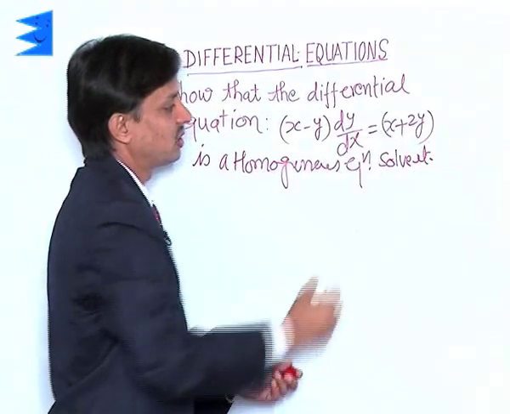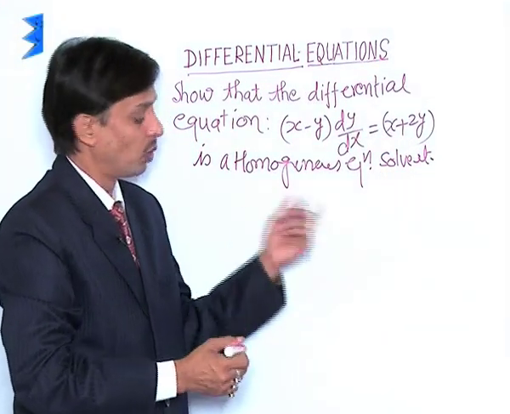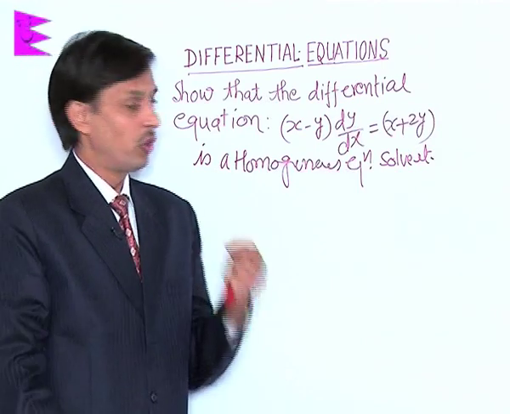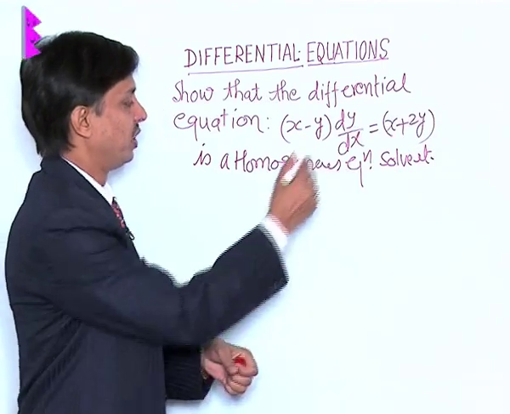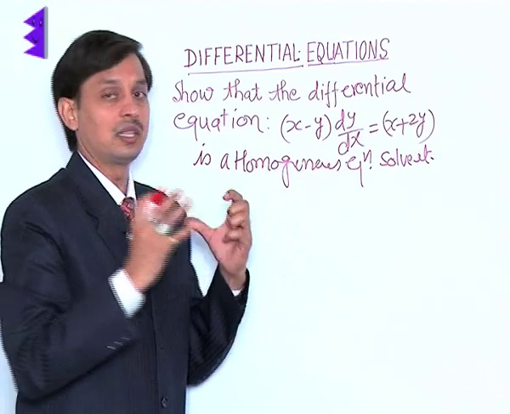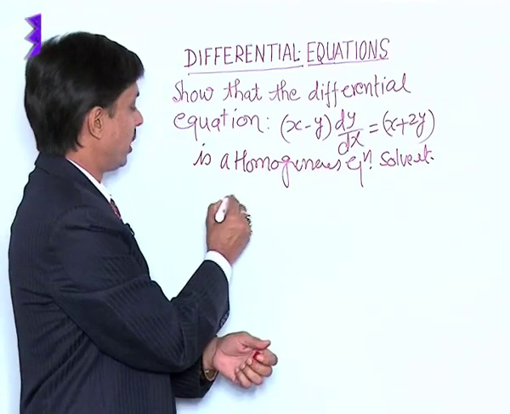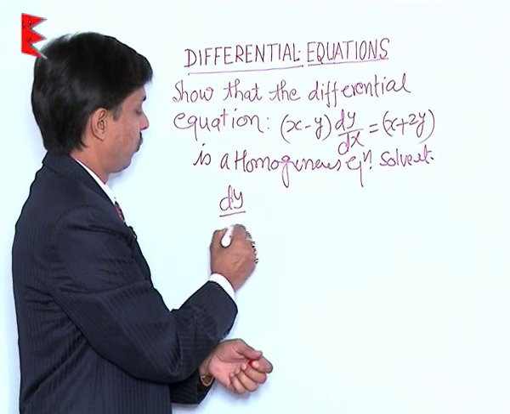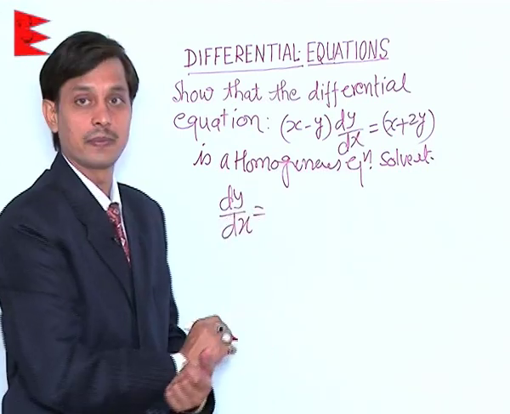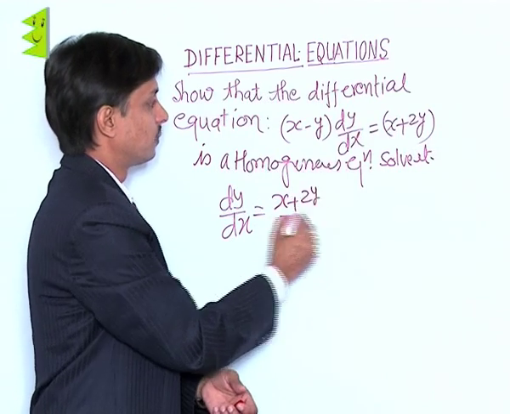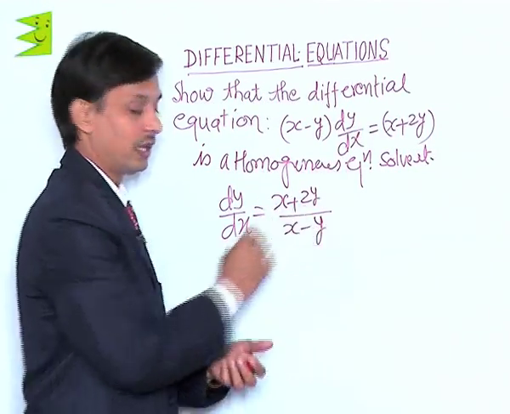If it is homogeneous, then how do we solve homogeneous equations? This I want to tell you. First of all, what is the meaning of homogeneous? To check whether the given differential equation is homogeneous or not, we need to extract from the equation the value of dy by dx. The value of dy by dx is (x plus 2y) upon (x minus y).